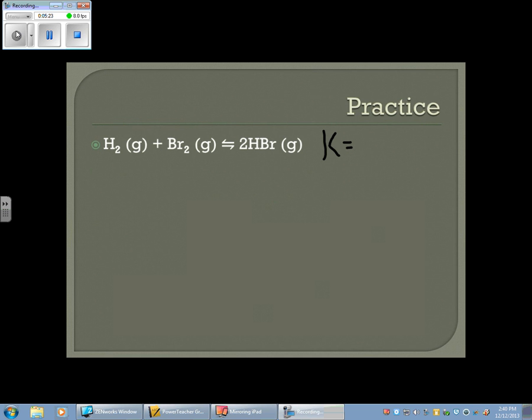So it's the concentration of my product, which is HBr, and its coefficient is 2, so it's raised to the second power, over the concentration of my reactants multiplied together. All right, now the subscripts don't go out there. It's only the coefficients that it's raised to.